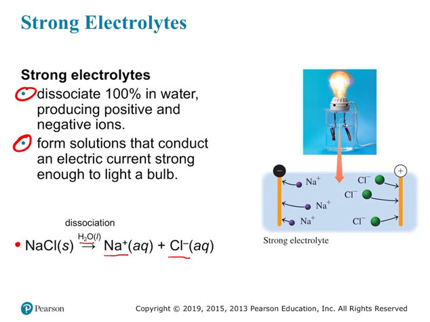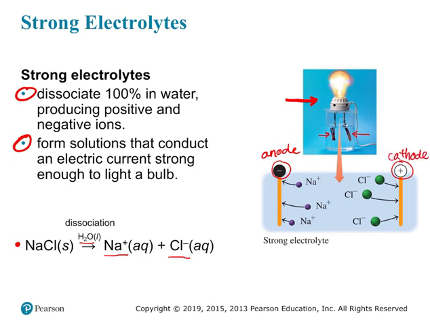Now, the way that we can test how strong the electrolyte is is by using a simple light bulb setup here. We have a light bulb connected to two electrodes that are placed in a saltwater solution. Those electrodes are shown there and there. One electrode is negatively charged, so that's the anode, and one is positively charged, so that's the cathode.